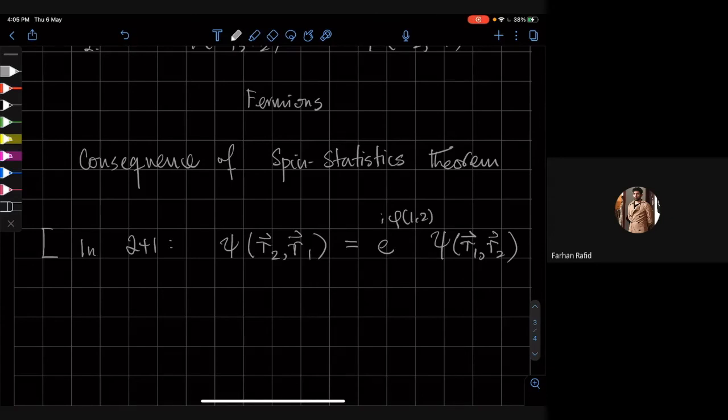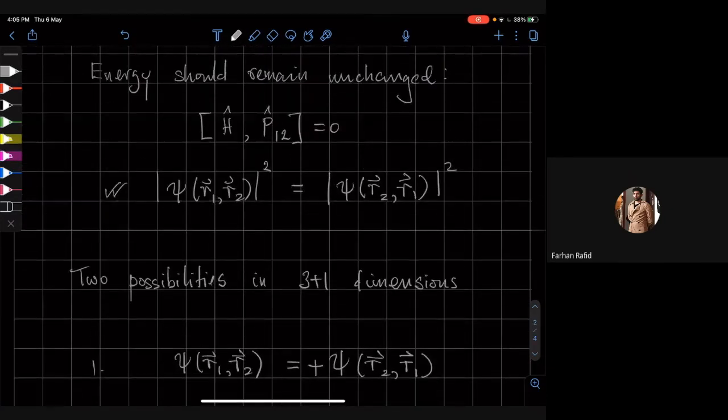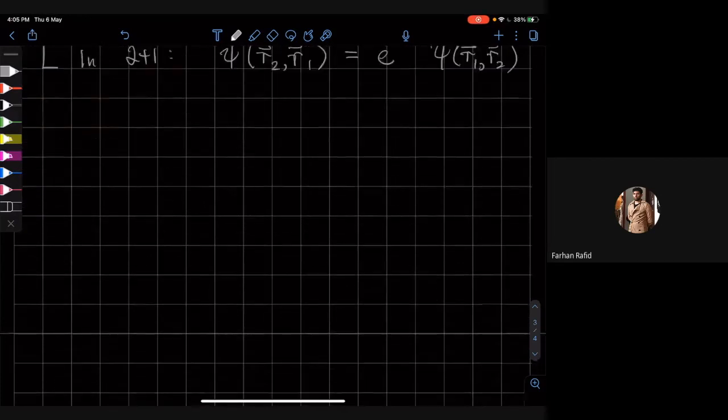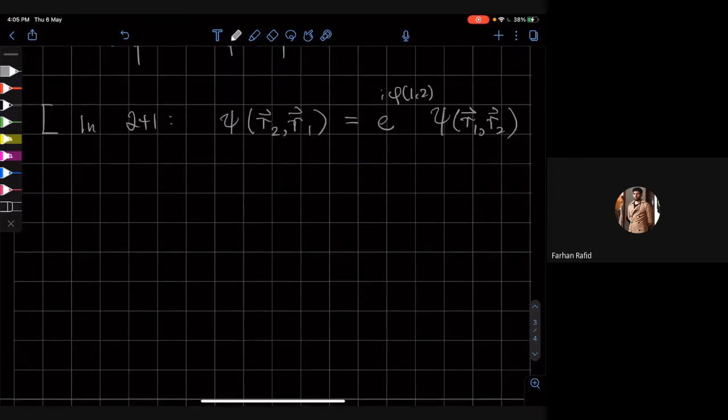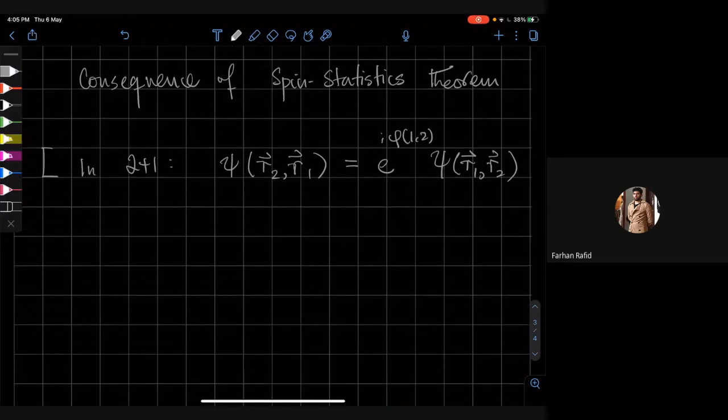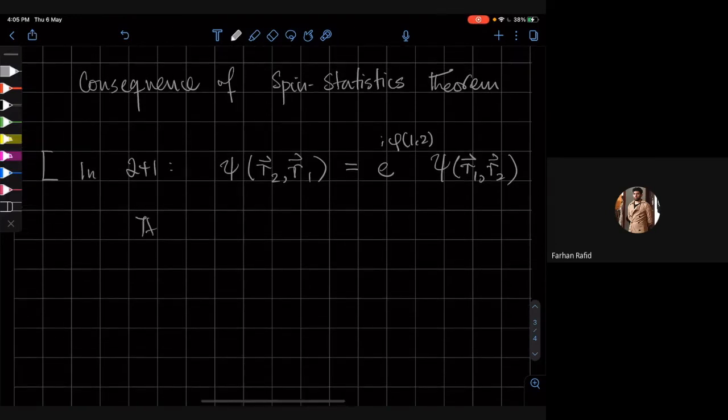Because if I have a phase, then of course this remains unchanged. But this only happens in 2+1 dimensions, and particles where this happens are neither bosons nor fermions. They are known as anyons. Physicists are really terrible at coming up with names. I think it was Frank Wilczek who called them anyons.